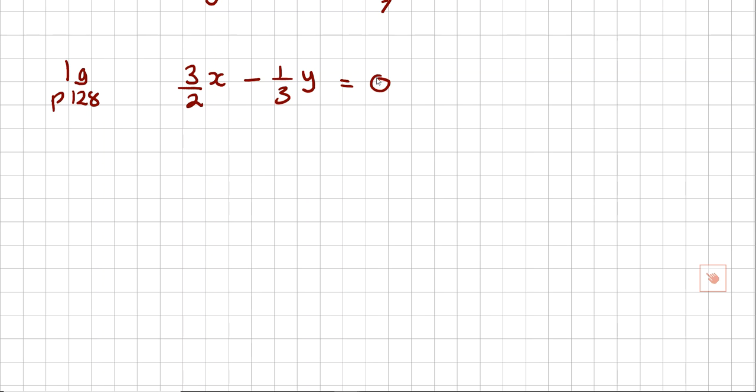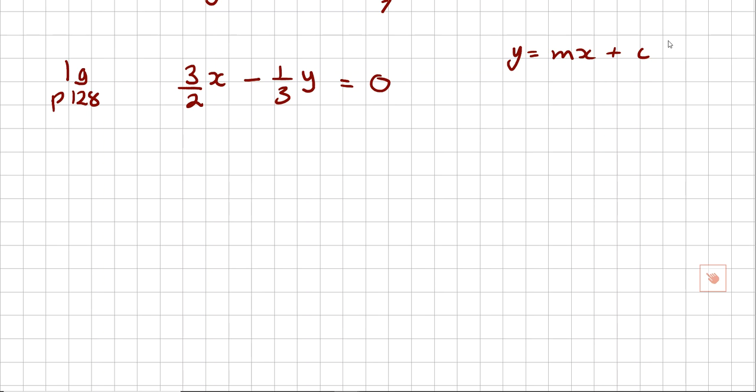So I want that in y equals mx plus c form. I want it in gradient intercept form. Now remember, what is the goal of the change? So isolate the y and have how many y's? 1. That's the first thing I should think about doing. How many y's do I have? 1/3.